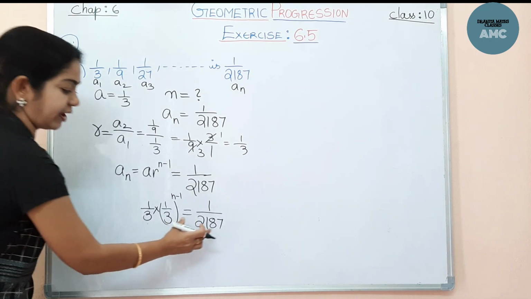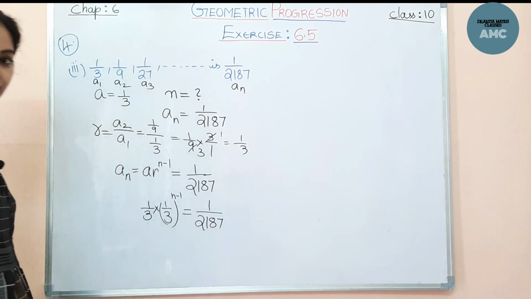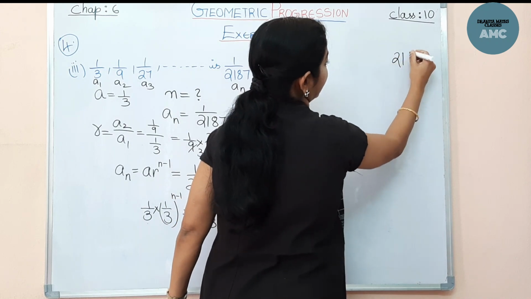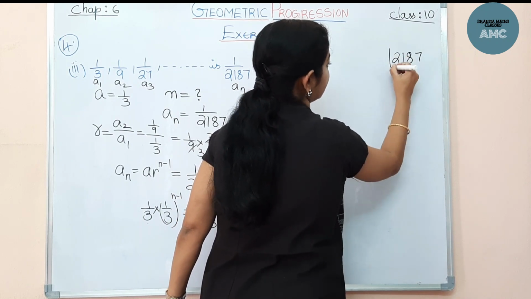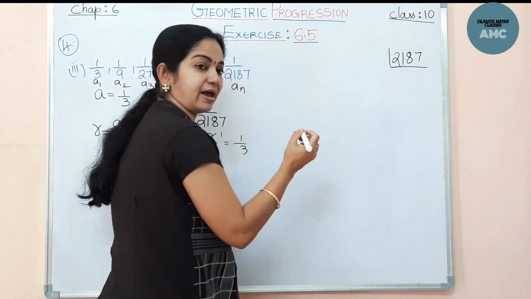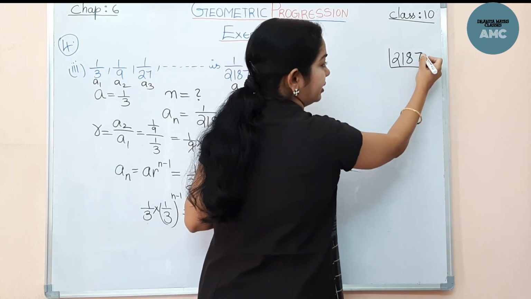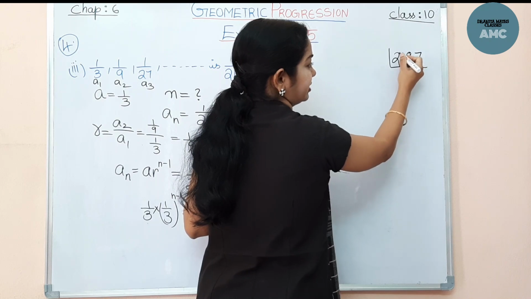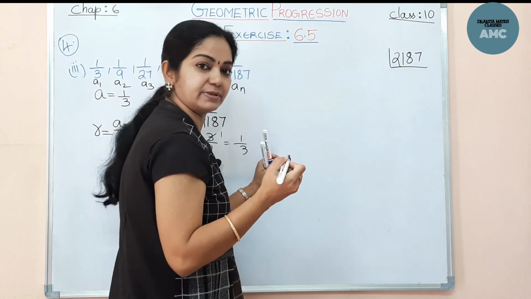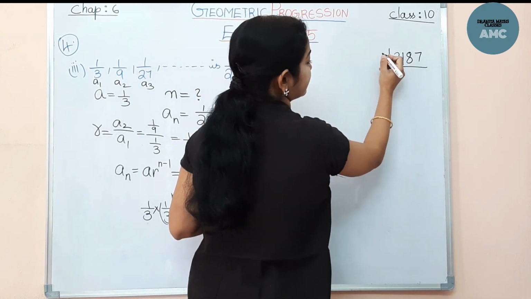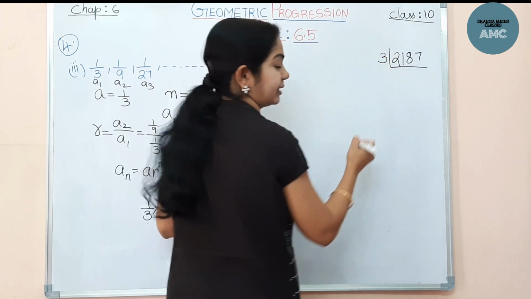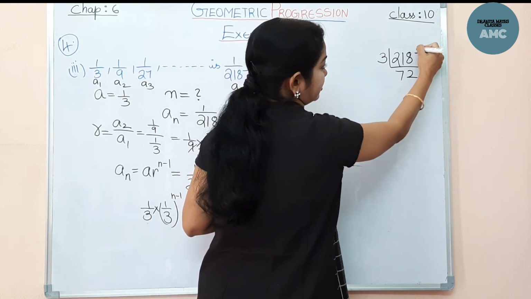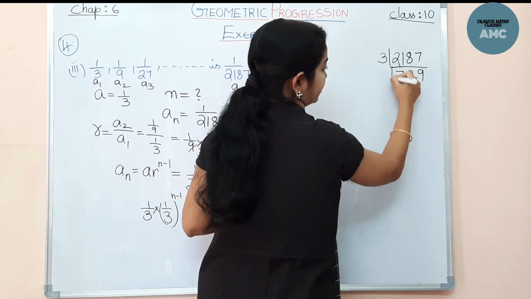So we will find the factors of 2187 in rough. 2187 doesn't go with 2 because it is not an even number. Now 7 plus 8 is 15, 16, 17, 18. So 18 is divisible by 3. The sum of digits is divisible by 3, so the number is divisible by 3. 3 sevens are 21, 3 twos are 6. Now 3 nines are 27.